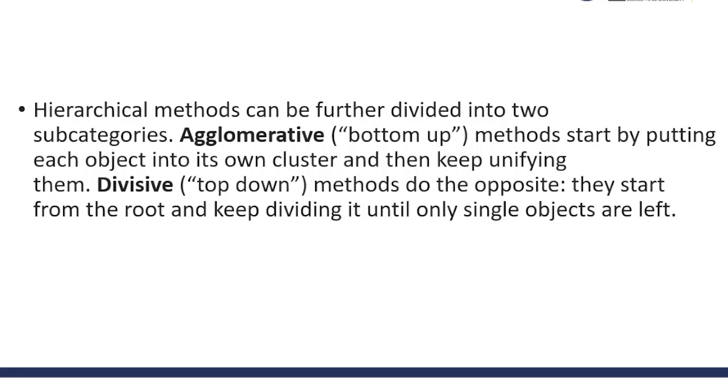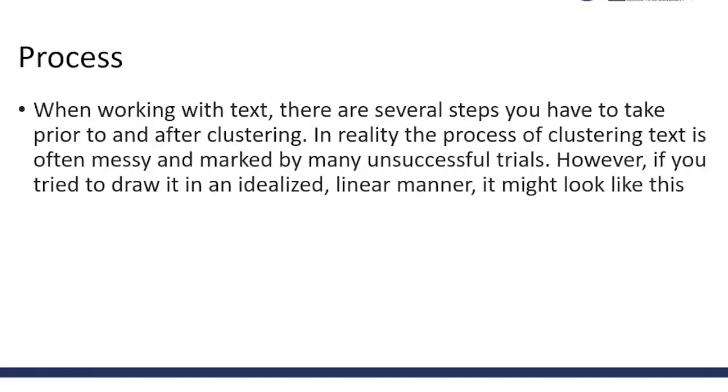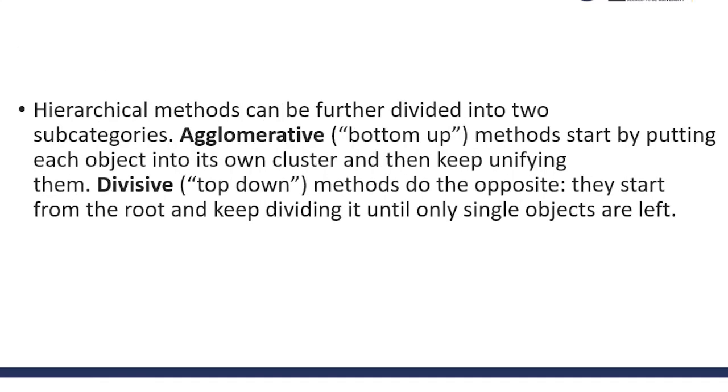Divisive is the opposite of agglomerative, where everything is considered, starting from the root, and then I go on dividing until I get single objects, or until I do not want to divide further. So in agglomerative, each object is in its own cluster and I keep unifying them, whereas in divisive I start from the root and keep dividing depending upon how many clusters I want.